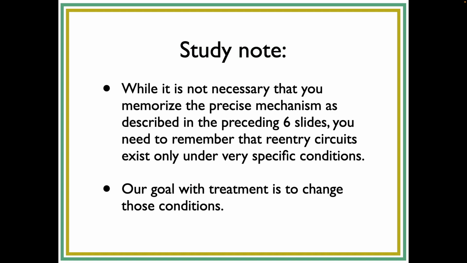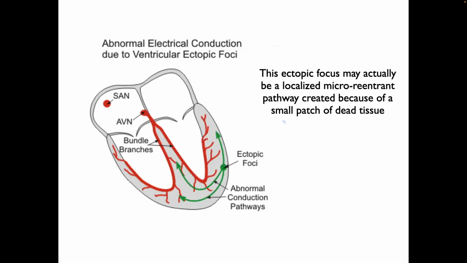So, for example, in this particular case, here's what I was drawing there: here we have an ectopic focus, or foci, and it's throwing off these abnormal conduction pathways, which is going to lead, in this particular case, to ventricular tachycardia.